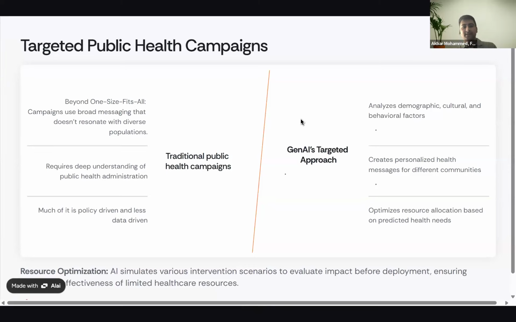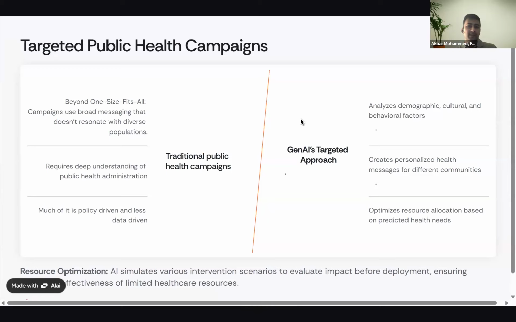This is another interesting area for healthcare, which is running public healthcare campaigns. Traditionally, okay, I'll give you an example. Most of you must have seen the polio ads when you were kids or when you were younger.